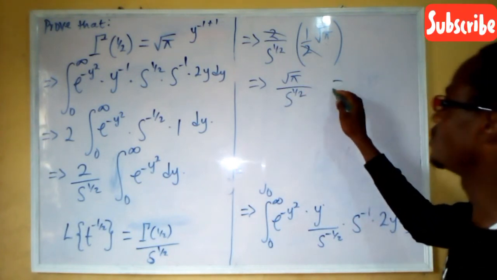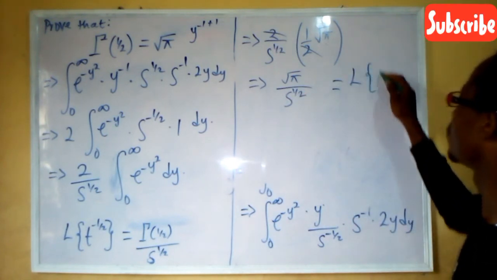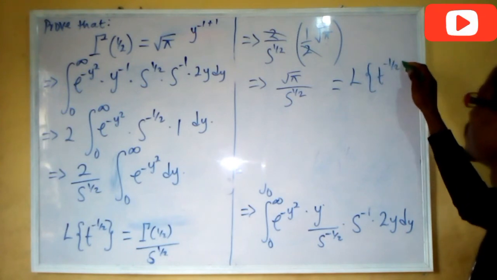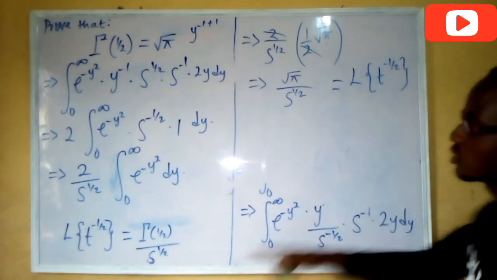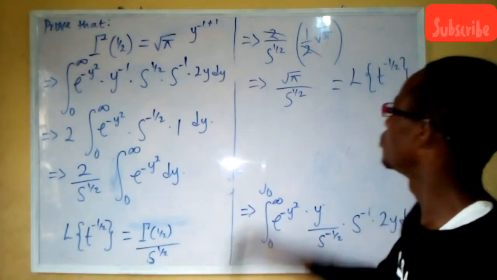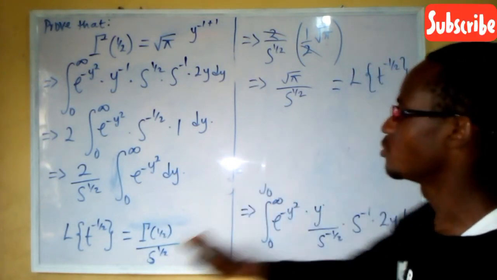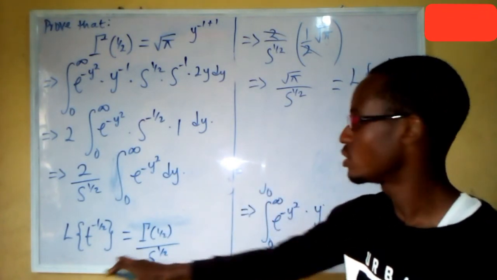Don't forget that is equal to the Laplace transform of t raised to the power minus half. So if that is the case, we can compare with this. So meaning comparing this side with this side, the Laplace transform of this is the same thing as this.